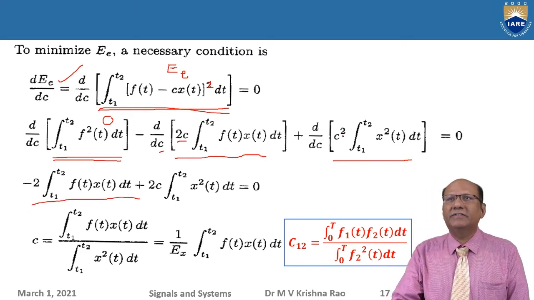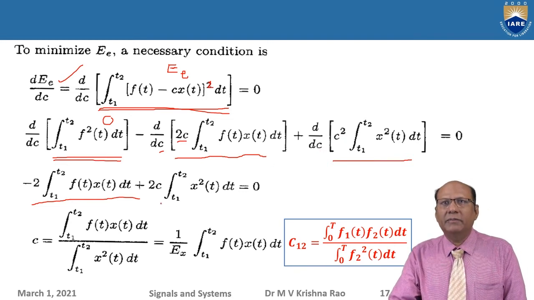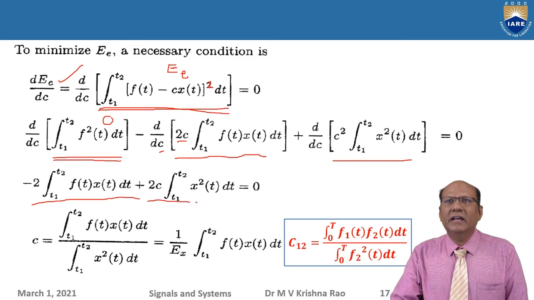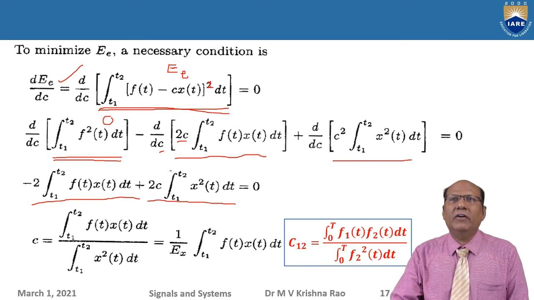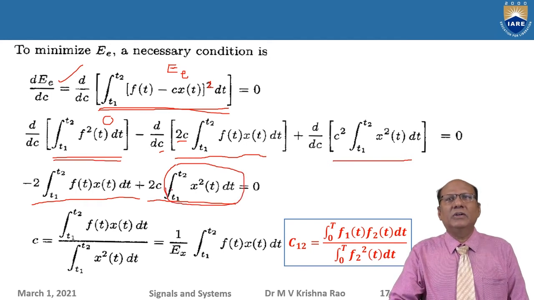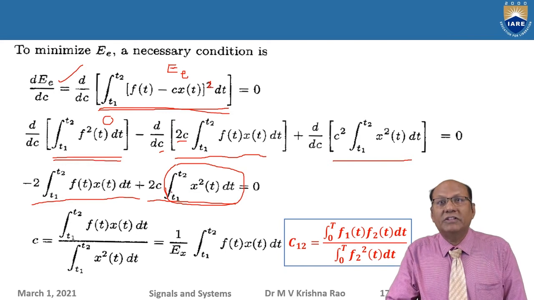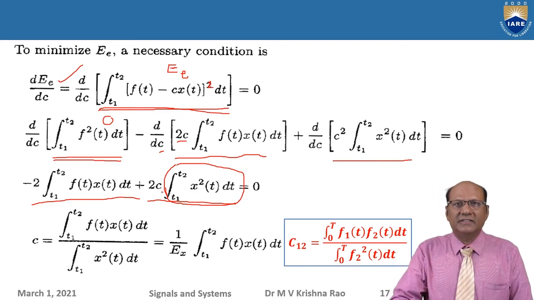Then here c square is there, and with respect to c, if I differentiate, I will get 2c. So I am writing 2c here, and this I am getting as it is. It is like a constant, a multiplication factor, a scalar value, a constant value with respect to c. Don't say that c is a constant.